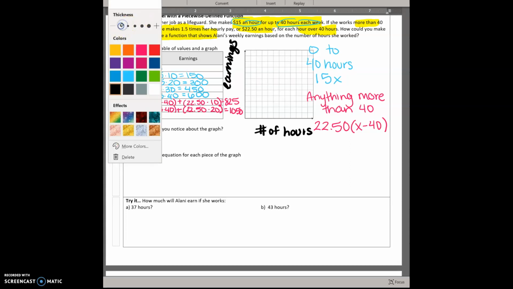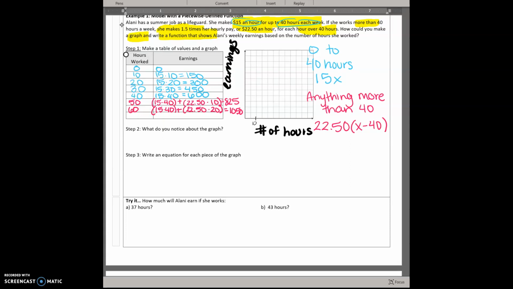So let's go ahead and just count up by tens here. So that's 10, 20, 30, 40, 50, and 60 would be here. And then if we go all the way to 60, we need to make sure we go all the way up to at least 1,050. So we're going to count up in order to get there.